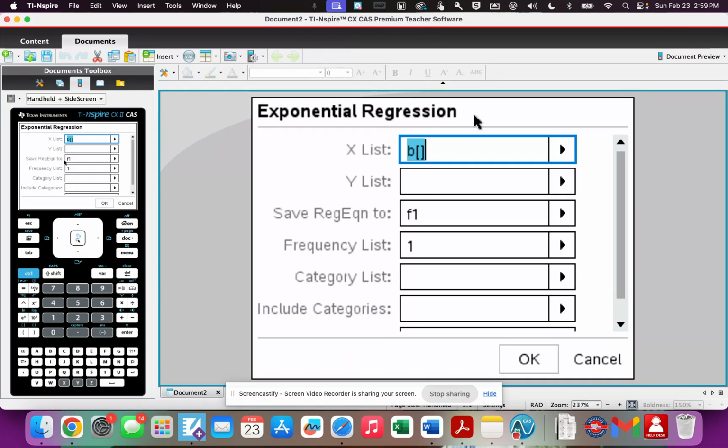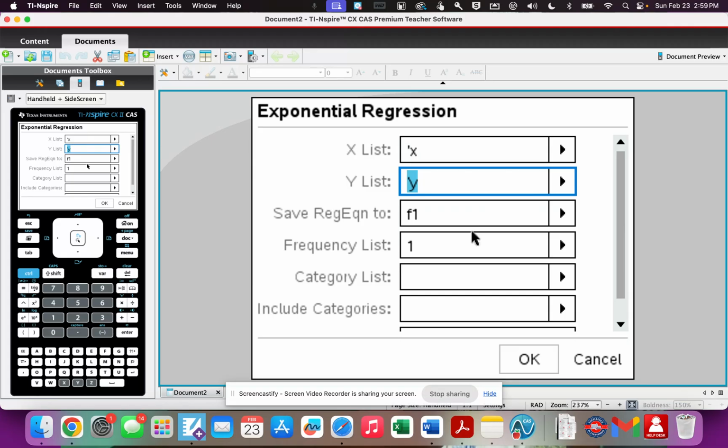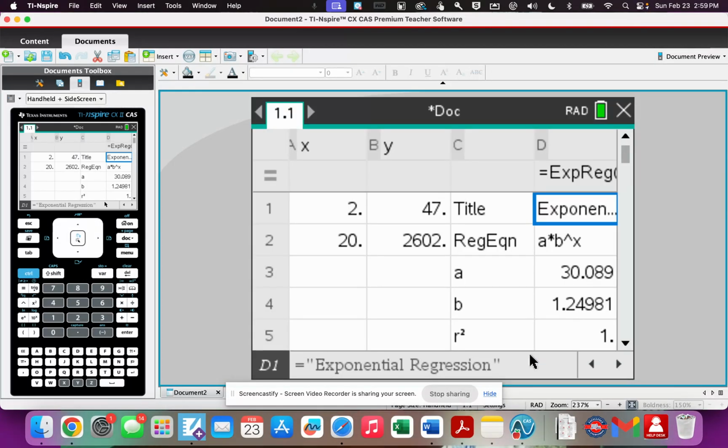My X list is X. My Y list is Y. Yes, I'm going to save the function just because I want to look at it. In this case, we don't actually have to graph the points because there's only 2 of them. So, okay. And there's my equation.